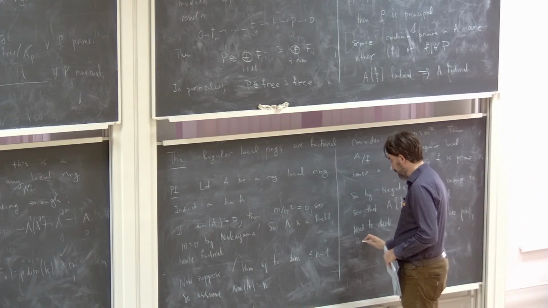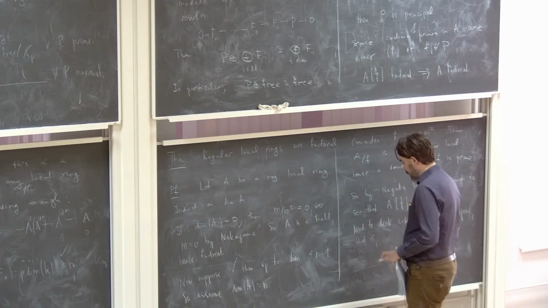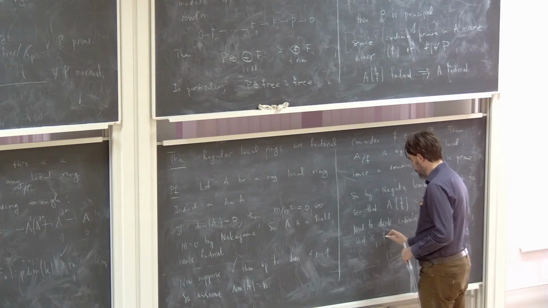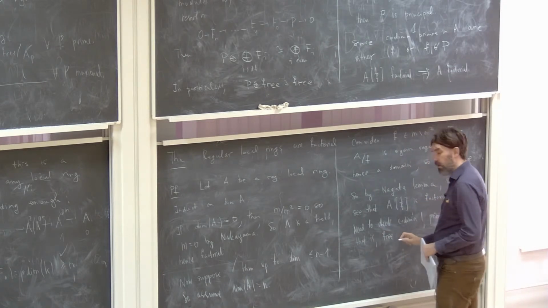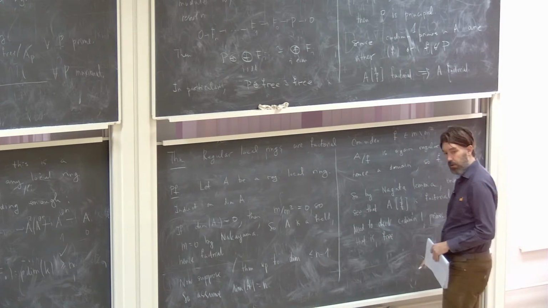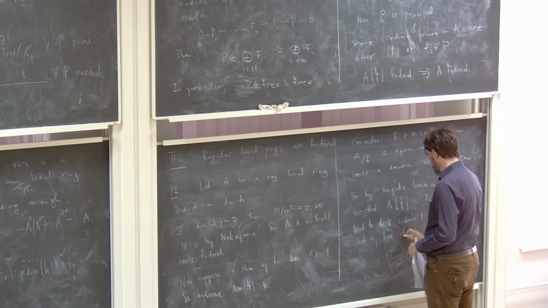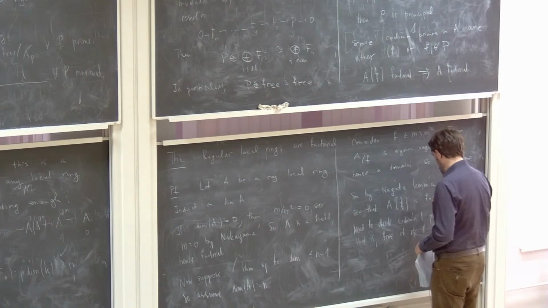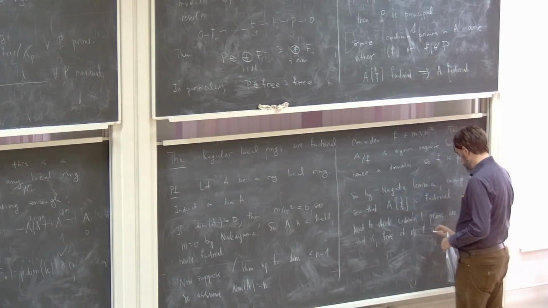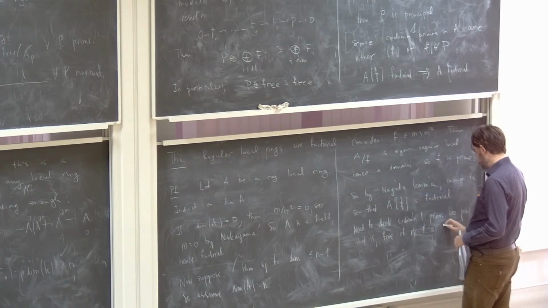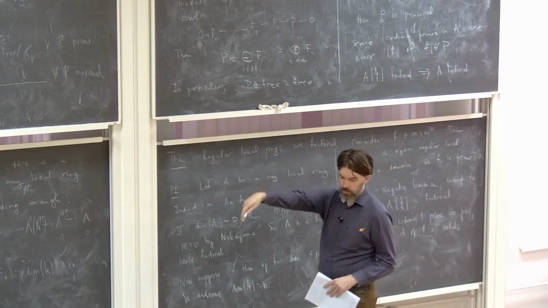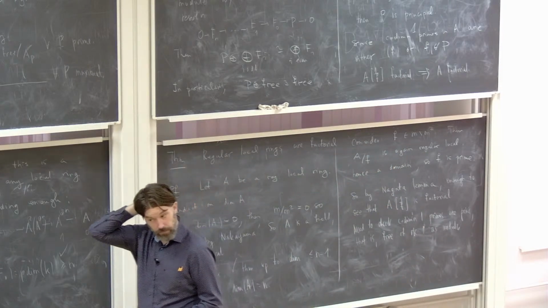That is, they're free of rank 1 as modules. Since we're in a domain, being principal is the same as being free of rank 1 as a module, because it's the image of multiplication by F, which is an injection.